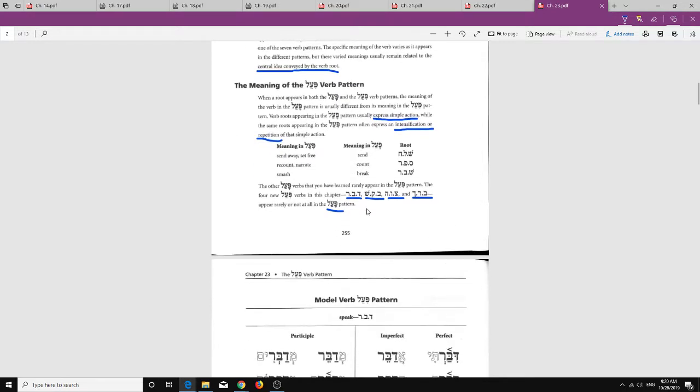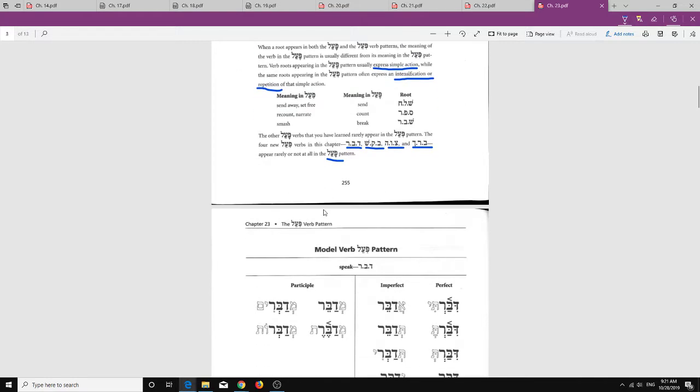So while it is possible that verbs appear in more than one pattern, you can see that it doesn't always happen, that some of these do not appear in the pa'al pattern, at least what we have attested in the biblical text. Maybe they used them, we don't really know, but they're not attested in the biblical text as appearing in the pa'al pattern. Most of them, some of them do just rarely.